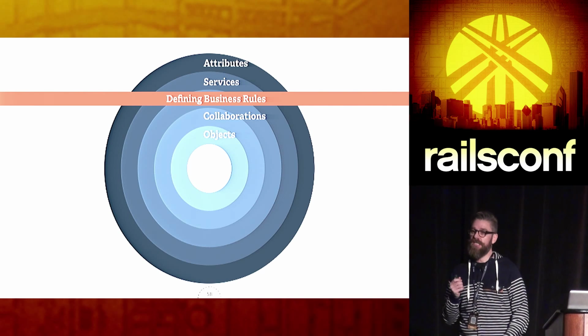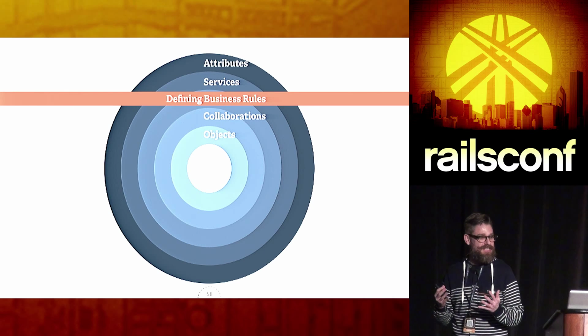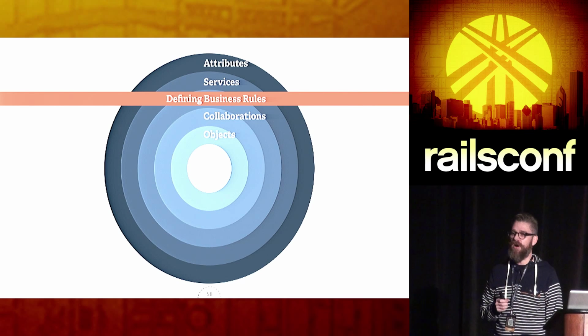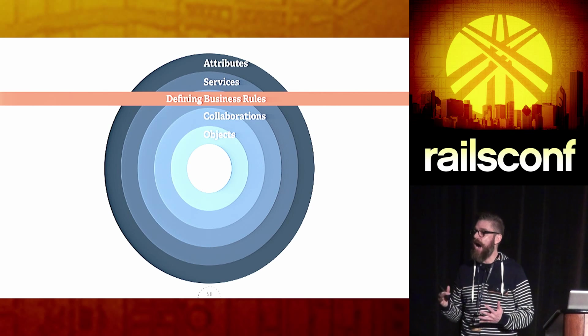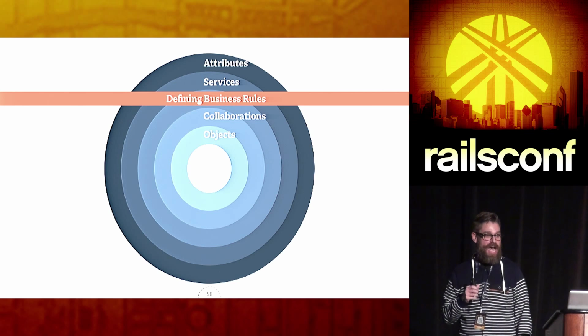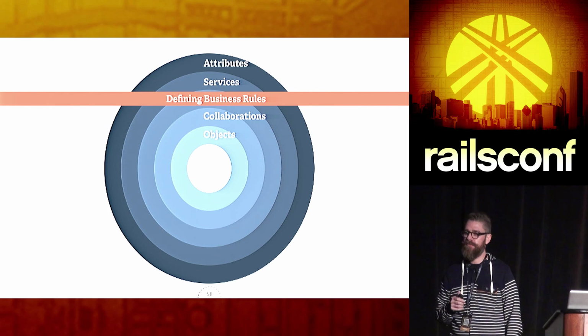And this moves us on to business rules. So we're talking about these collaborations, but what governs these collaborations? Business rules are either self-authored policies that specify how a business should operate, or constraints forced upon a business, such as laws determined by a government.